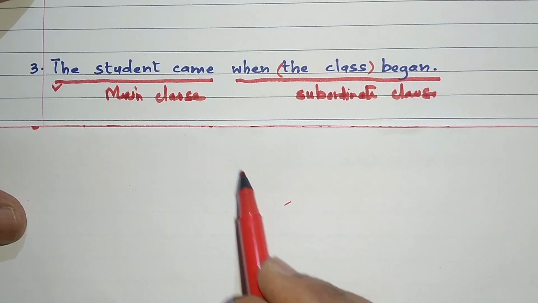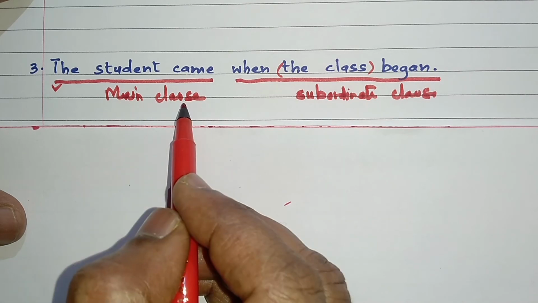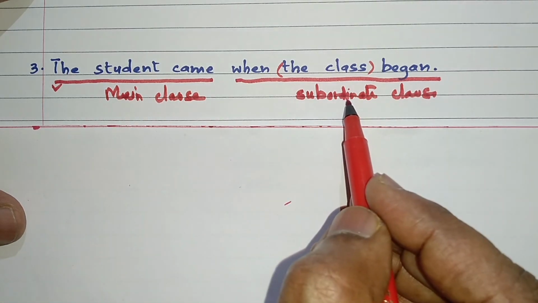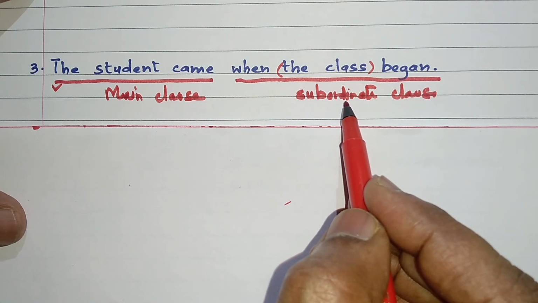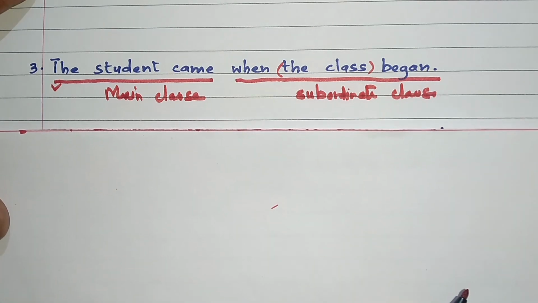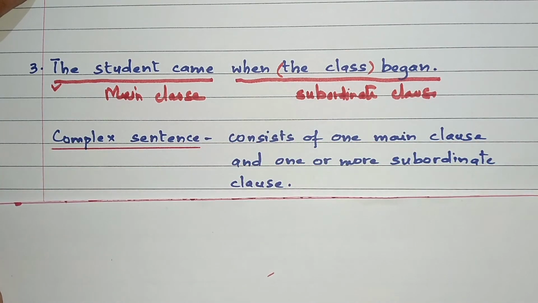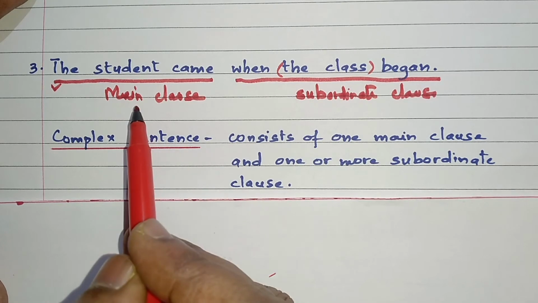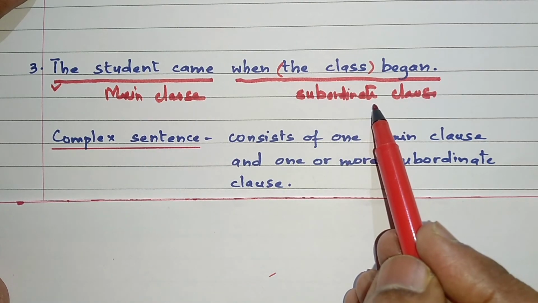So friends, such a sentence which consists of one main clause and a subordinate clause is called a complex sentence. So let's define a complex sentence. A complex sentence is a sentence which consists of one main clause and one or more subordinate clauses.